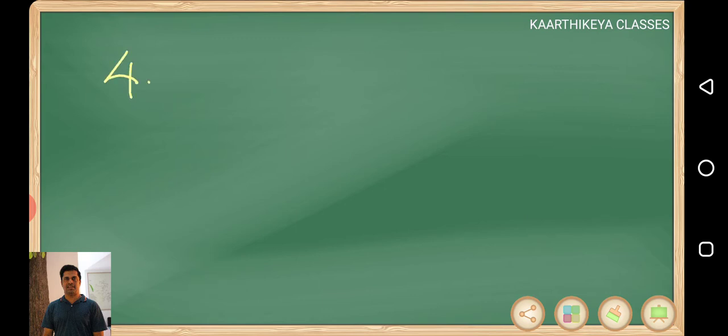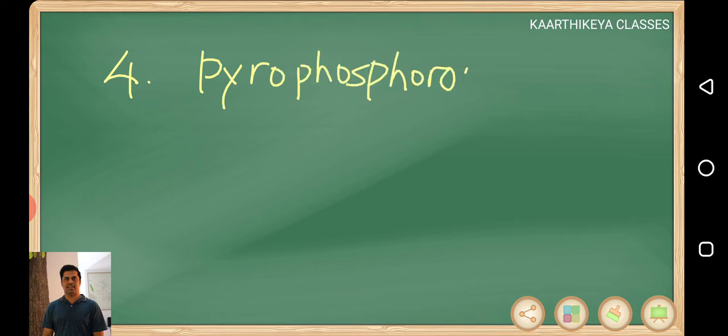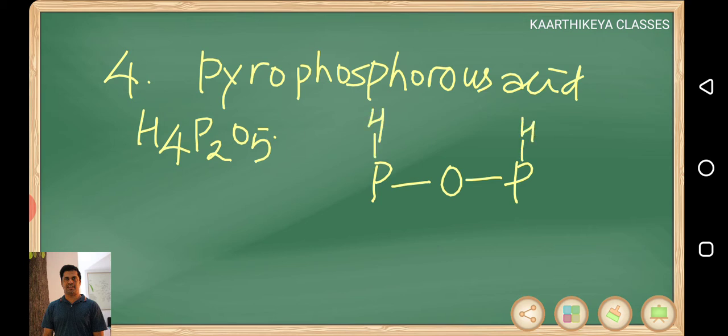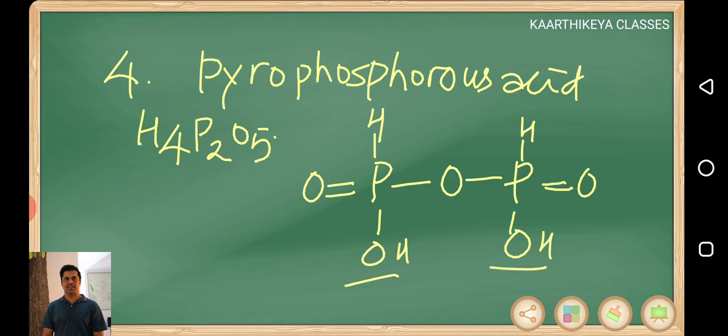Then the fourth one is pyrophosphorus acid. Pyrophosphorus acid formula is H4P2O5. There is a P-O-P linkage. You can remember it like this, P-O-P linkage. Each phosphorus has a double bond O, and each has one OH group. So overall two OH groups are there. This is a dibasic acid.